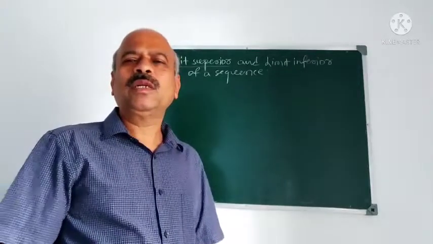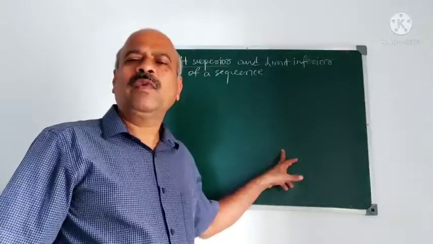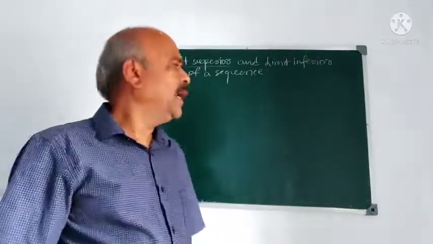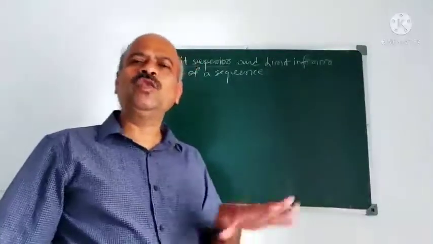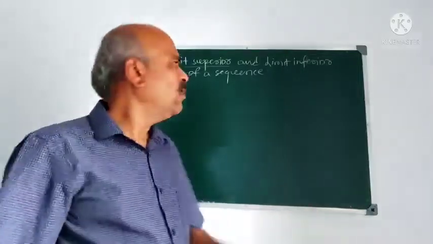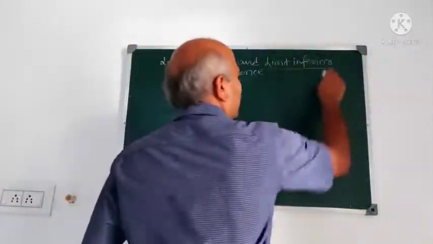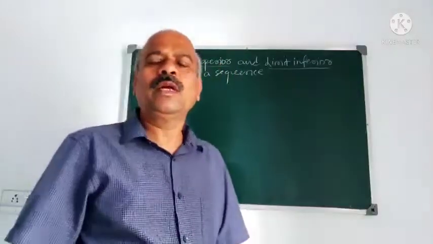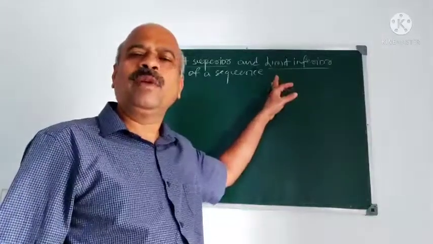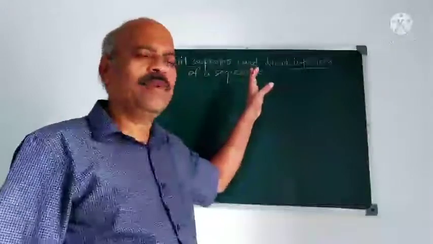Limit point means if the neighborhood of L contains infinite number of terms of the sequence, then it is called limit point. And if a sequence has a unique limit point, then it is called limit of a sequence. Now I introduce one more concept here: limit superior, limit inferior. Sometimes limit point is defined first, then limit inferior and limit superior are defined.